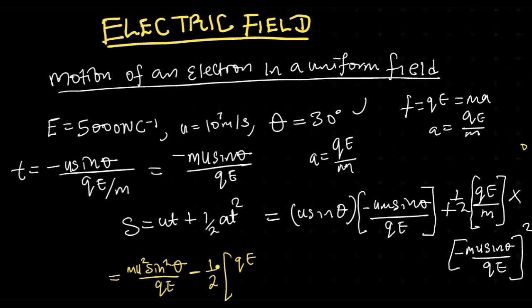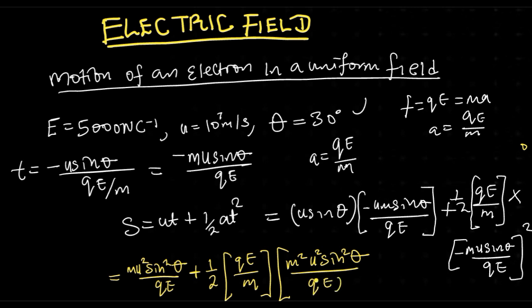So that'll be plus here. There'll be no minus here again, so it's just plus over m times, now when we put in the square to everything, here will be m squared. The minus will be plus u squared sine squared theta all over QE squared.